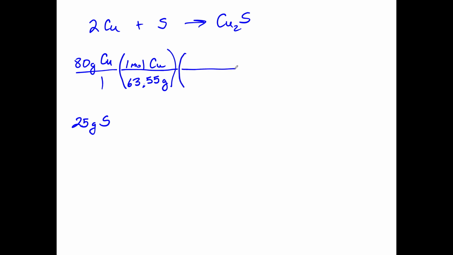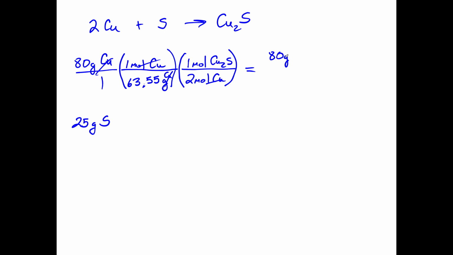So now we convert to moles. Now with this type of problem, you only got one product. So I want to convert the moles of copper to the moles of copper sulfide, copper 1 sulfide. Grams of copper cancel. Moles of copper cancel. And now we've got moles of copper sulfide. So 80 divided by 2. Make sure you go across first, and I do it for those who haven't.